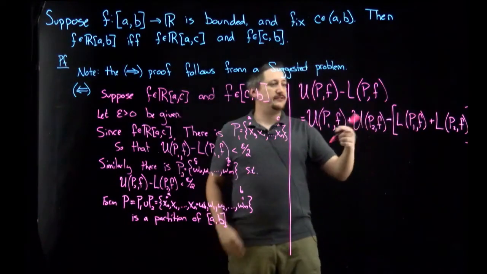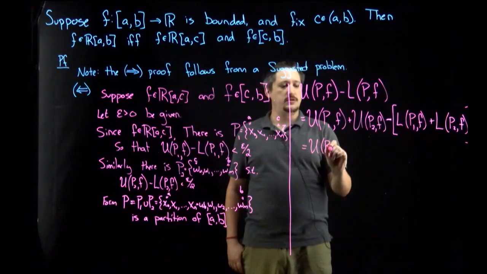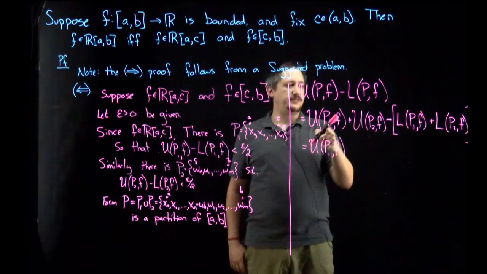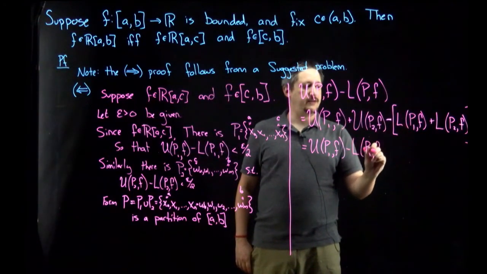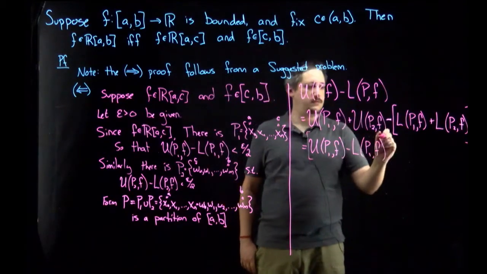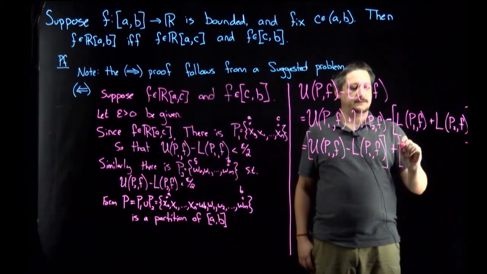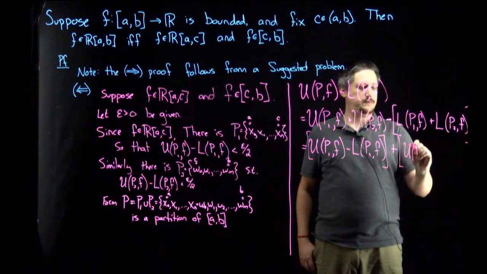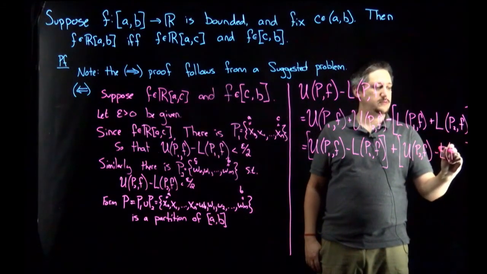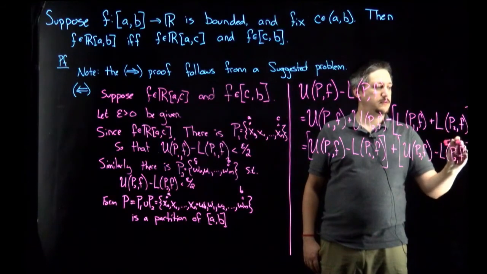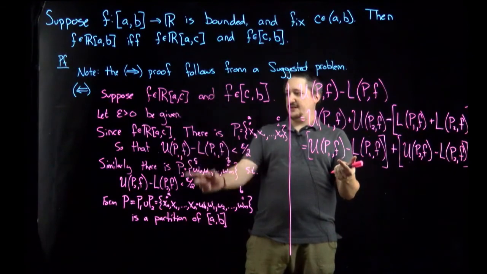But distributing the negative and sort of rearranging this, I can write this as U on P1 comma F, right, this piece, minus that piece, L on P1 on F, plus, and then this piece, U on P2 on F minus L on P2 on F. But again, sort of unsurprisingly, this is exactly what we had over here, right?